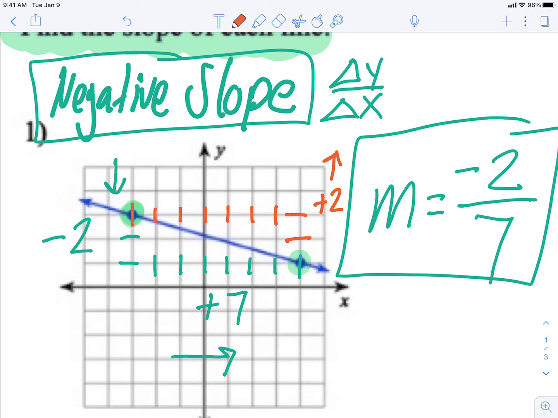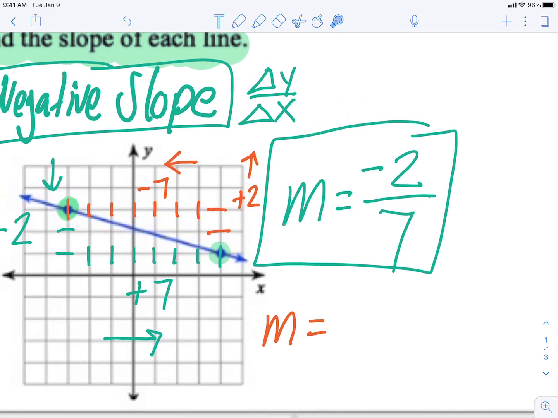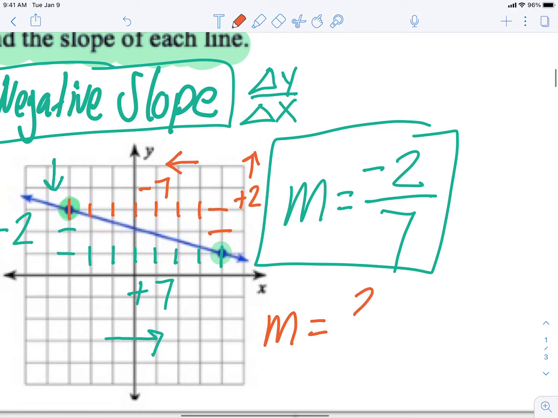I went left 7. And when you go left, everybody, on a number line, that's a -7. Right? Because I went left. So my slope here would have been m is equal to, let's see, delta y means I went up 2, so +2, over left -7, left 7.